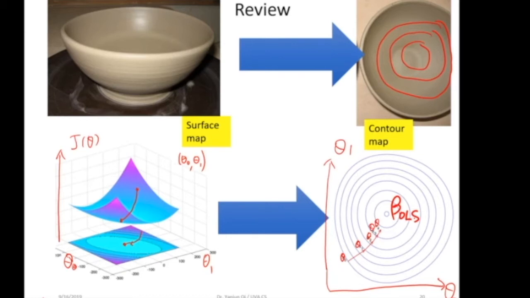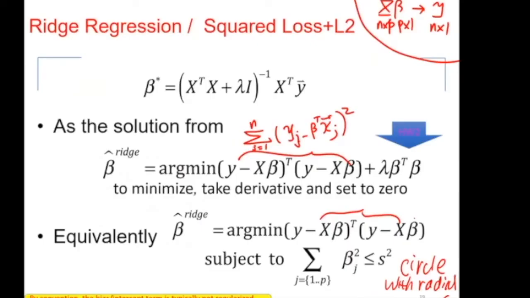Questions? Okay, so now I have this solution. What does this even mean? I'm adding that beta transpose beta, right? So let's come back to see this. I'm trying to look for a minimal solution with this bowl shape of the loss function. At the same time, I want to make sure my beta vector, the summation of the quadratic form, is within S squared.